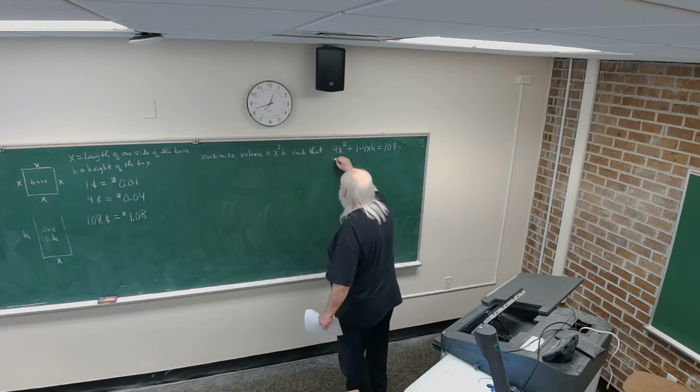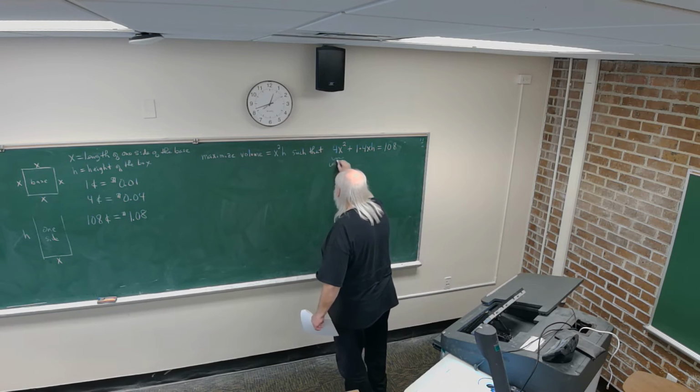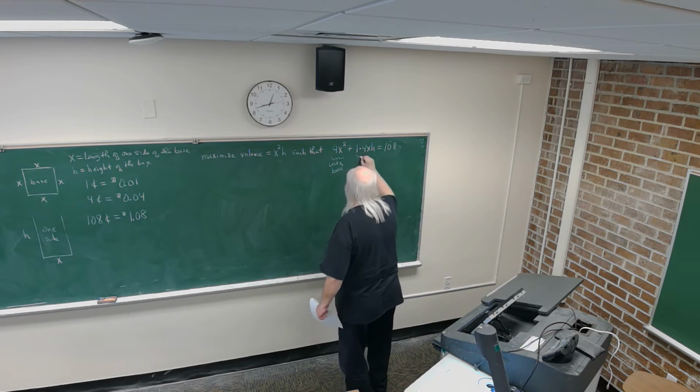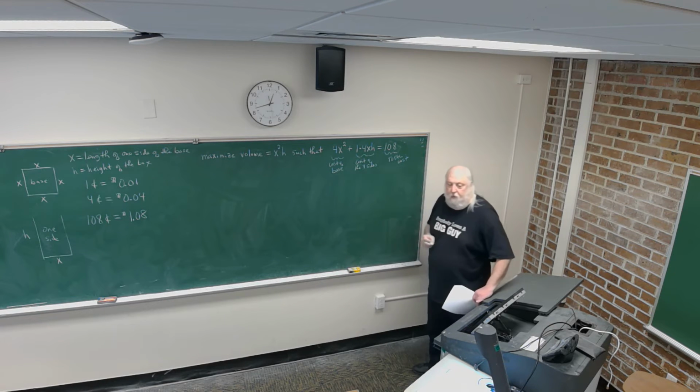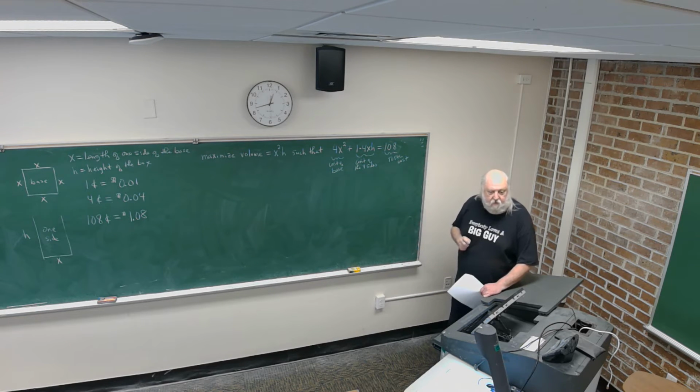So this is the cost of the base, and this is the cost of the 4 sides, and this is the total cost for the entire box. You have to construct that box using exactly $1.08 in materials.